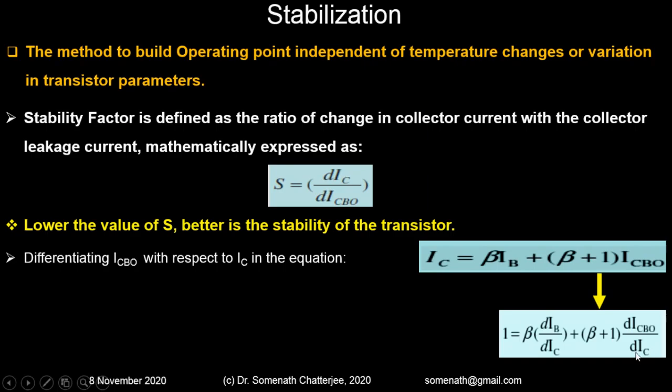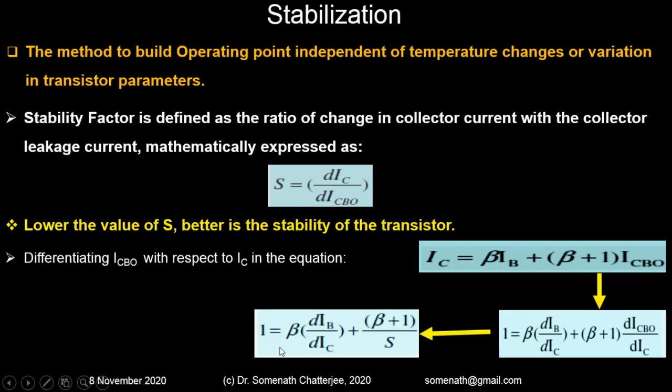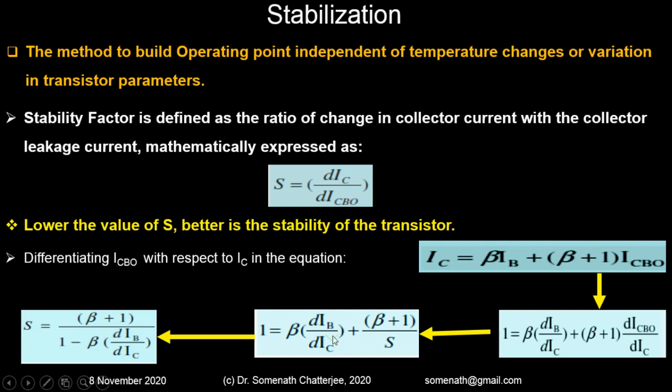Here dICBO by dIC is the reciprocal of S, so we can write the equation in simplified form using the concept S is equal to dIC by dICBO. We replace this part, and with further simplification we get the stability factor S is equal to (beta plus 1) divided by (1 minus beta dIB by dIC). So this is the mathematical expression of the stability factor.